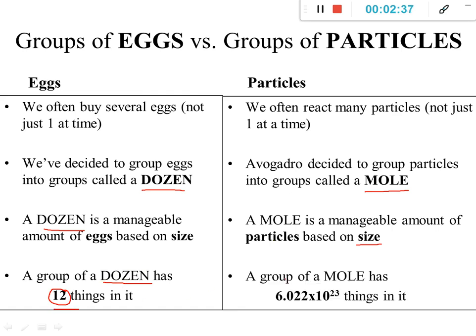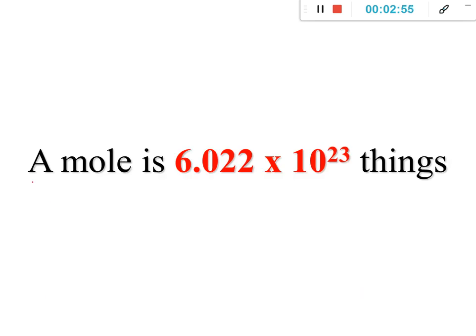In chemistry, we have a group. The group's name is called the mole, and because it deals with very small things, we put a lot into that grouping. So a dozen has 12 things in it. A mole has 6.022 times 10 to the 23 things in it. So to be clear, a mole has 6.022 times 10 to the 23 things in it.